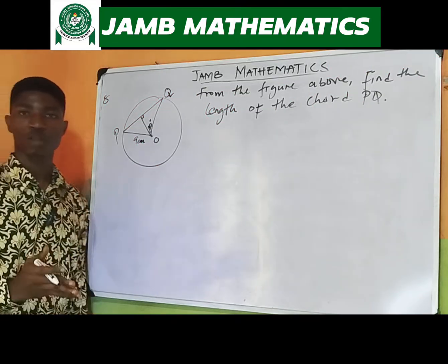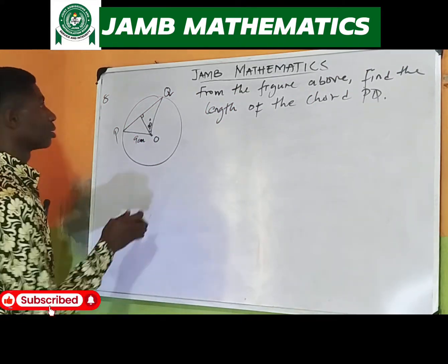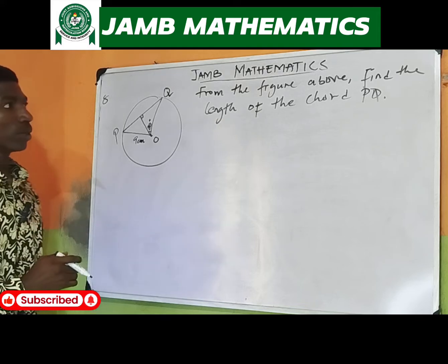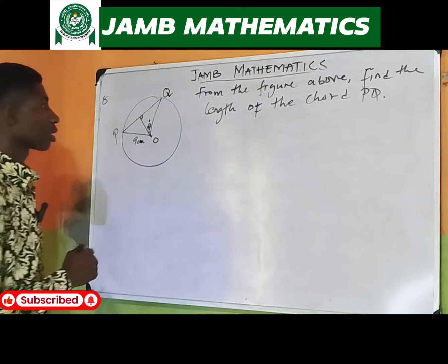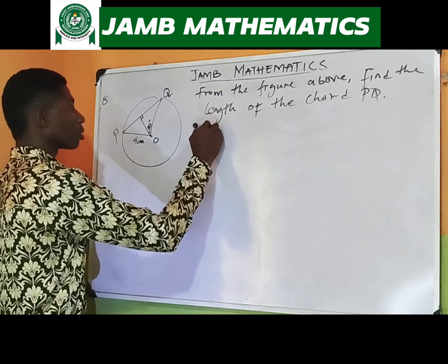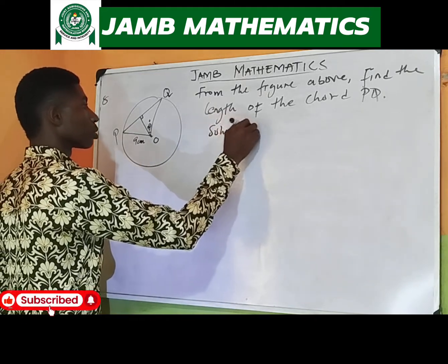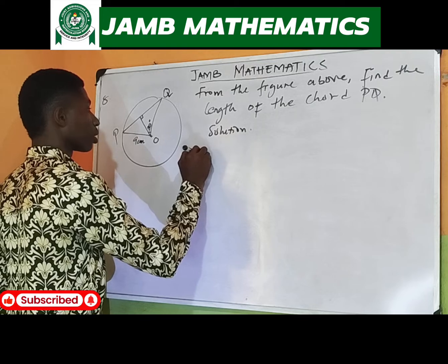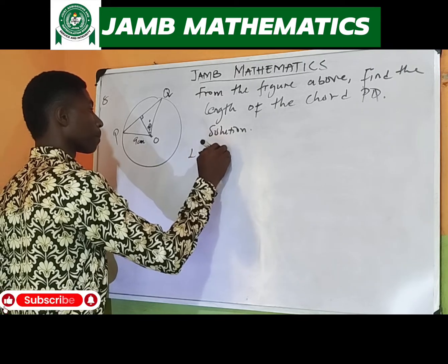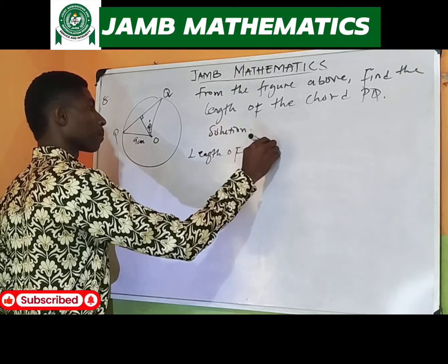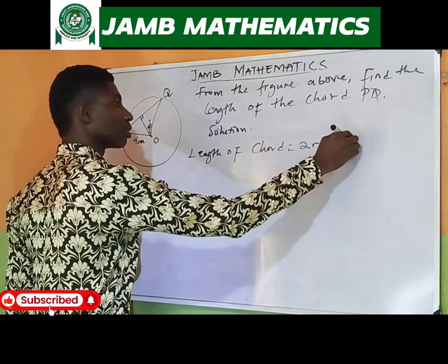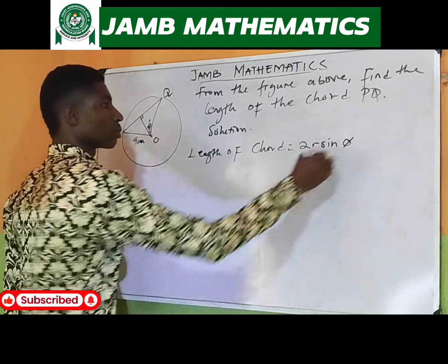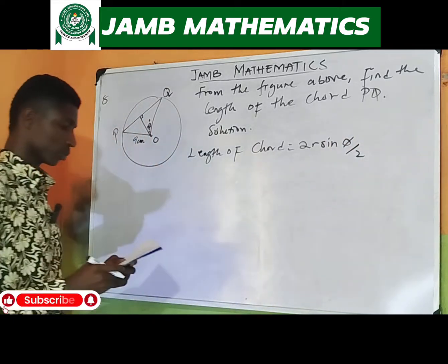All right. Question number 8. This is a figure. From the figure above, find the length of the chord PQ. The formula for the length of the chord is 2R sine theta over 2.